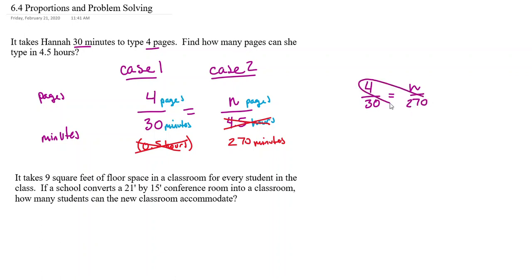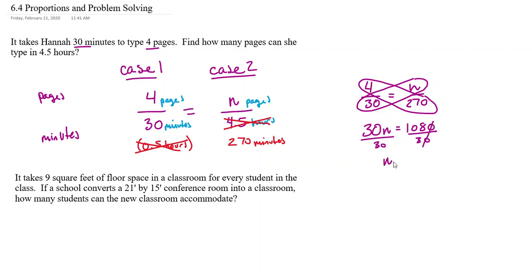Now I'm going to cross multiply. That's how I solve proportions. I think you guys are good to go on those. 30n equals 4 times 270. Let's see, that's 1080. Okay, then we'll divide by 30 on both sides.